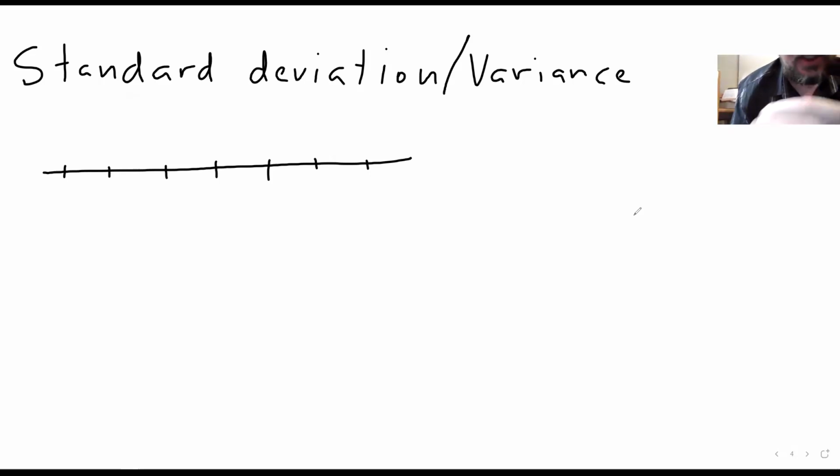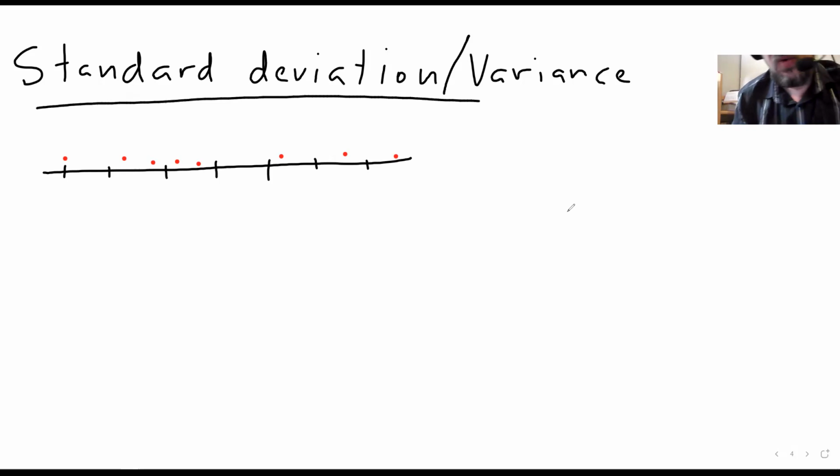So here, I'm gonna explain what standard deviation is roughly. And then I'll show you the formulas for it and show you why I said roughly. So let's say I have some data values here. I don't want to use too many here because I want to draw a lot on this. So the way you want to think of standard deviation is that standard deviation is the average distance from the mean.